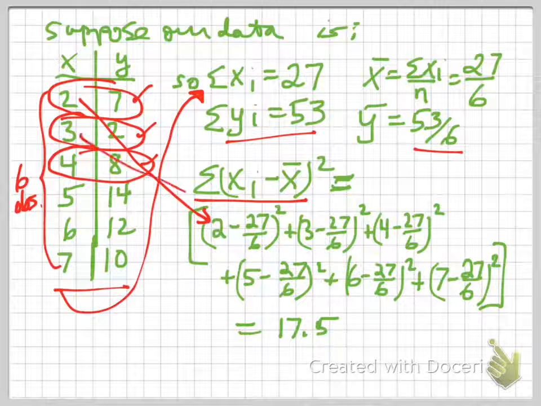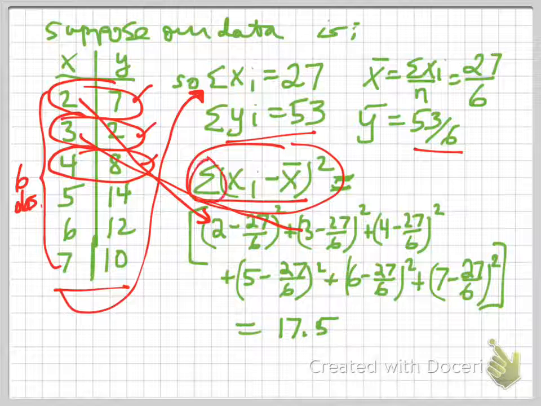Then we have 3 minus 27 over 6 squared, then 4 minus 27 over 6 squared, then 5 minus 27 over 6 squared, 6 minus 27 over 6 squared, and 7 minus 27 over 6 squared. So it's xi minus x bar squared summed over each one of the values of each one of the observations, each one of the x's.